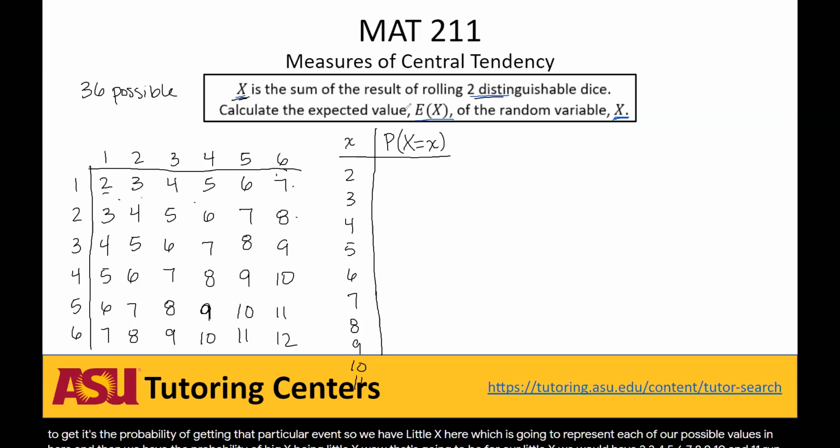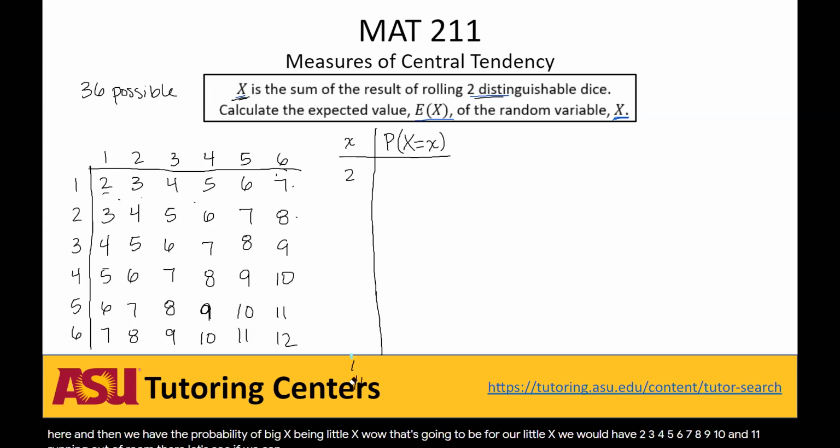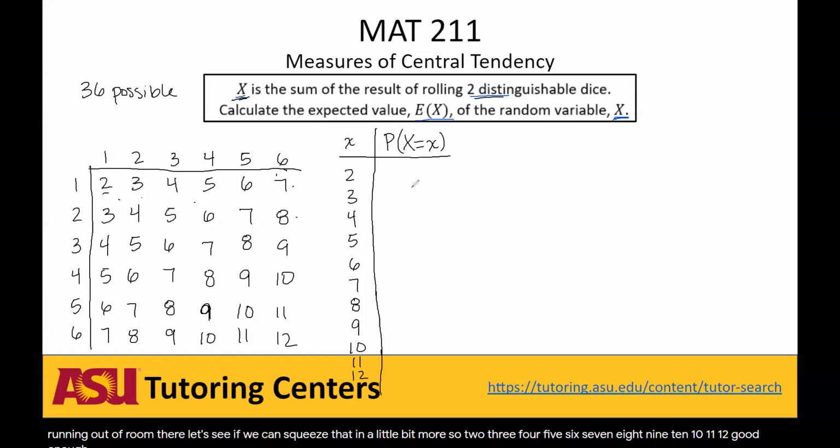Running out of room there. Let's see if we can squeeze that in a little bit more. So 2, 3, 4, 5, 6, 7, 8, 9, 10, 11, and 12. Good enough. Now we want to calculate the probability of each of these. So note that 2 through 12 are all the different possible values in this table.